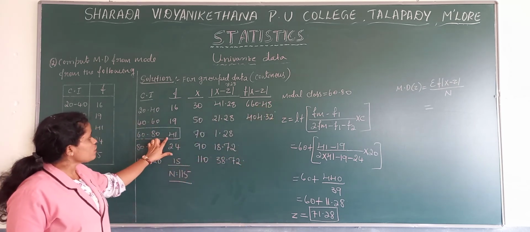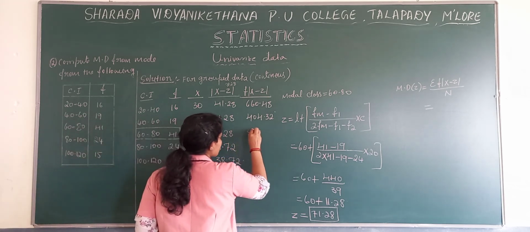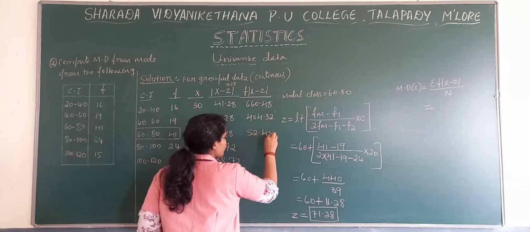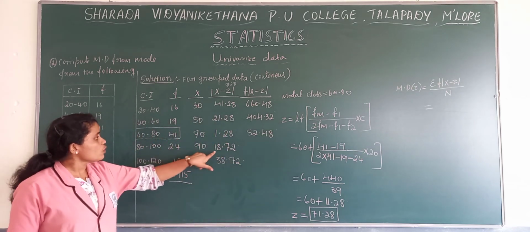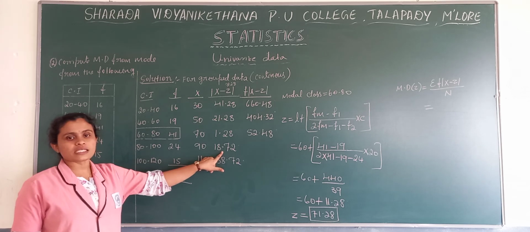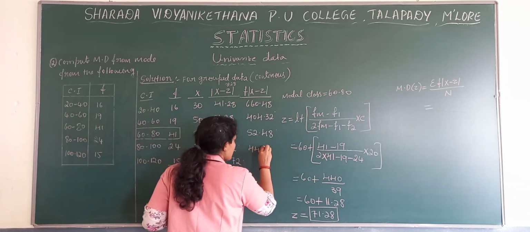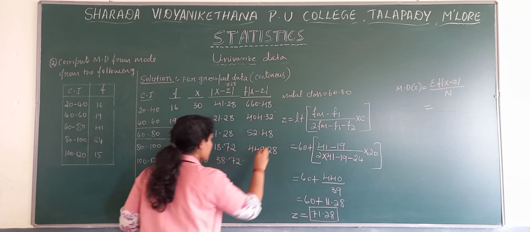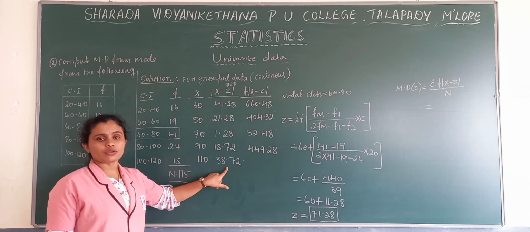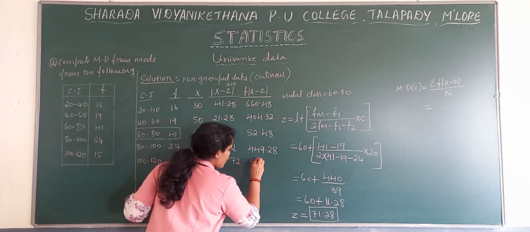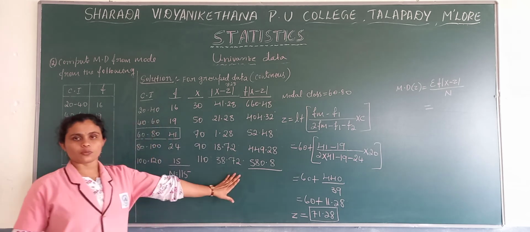Next 41 into 1.28 gives 52.48. Next 24 into 18.72 gives 449.28. And the last one, 15 into 38.72 gives 580.8.